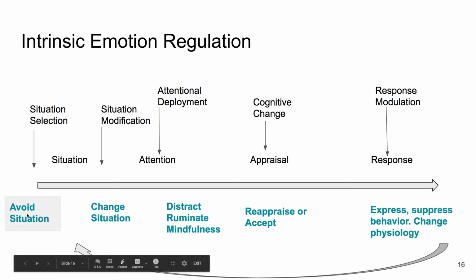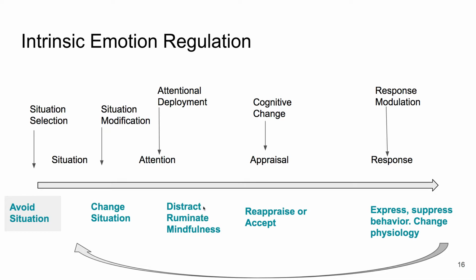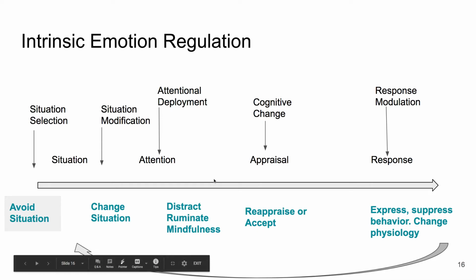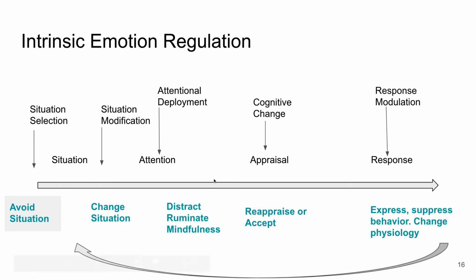So we talked about avoiding the situation, changing the situation. Distraction is things like looking at the phone. We might ruminate, which is really just focusing on, oh my gosh, I can't believe this is happening, and fixating on the situation. Mindfulness, again, uses our attention. You might engage in a mindful activity, connecting with your breath.